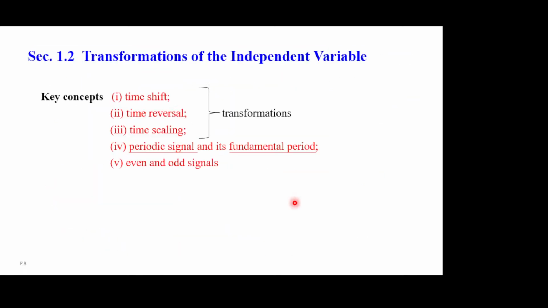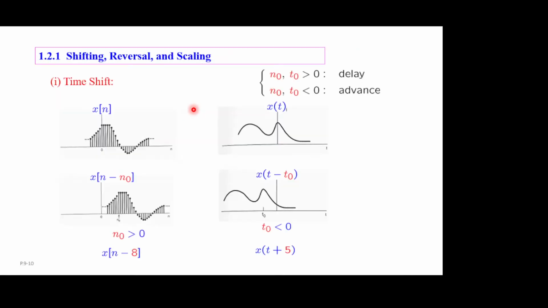So let's jump to the more non-trivial part. We are talking about three transformations on signals, basically transformations on the time parameter. We are all thinking about one-dimensional signals right now. So there are time shift, time reversal, and time scaling.